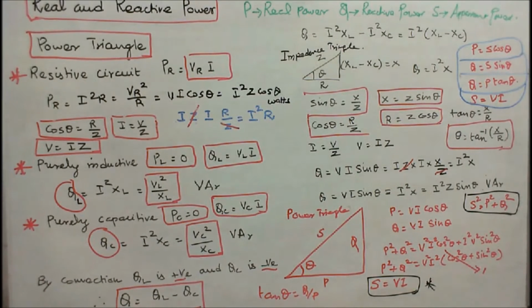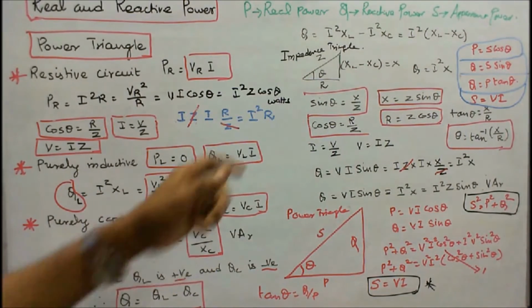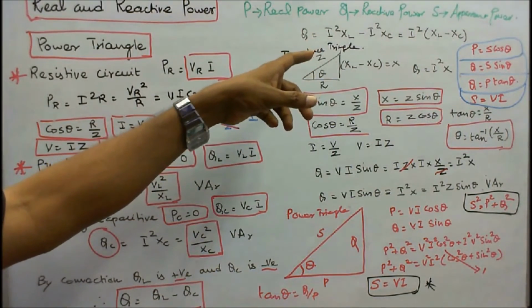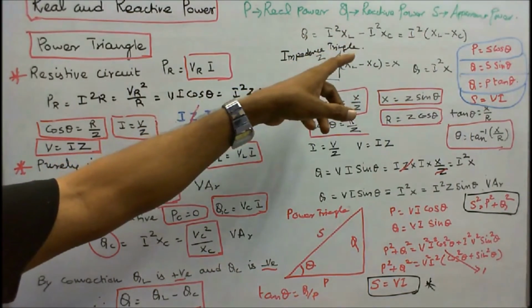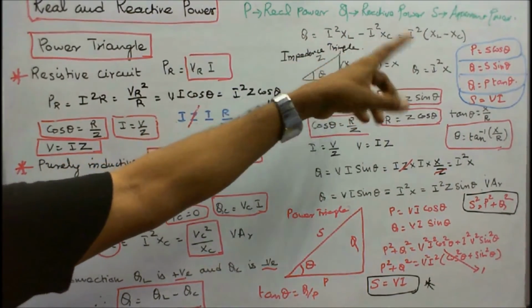By convention, the reactive power in an inductor is positive and reactive power in a capacitor is negative. Therefore, Q is equal to QL minus QC. Here Q is equal to I square into XL minus I square into XC, that is equal to I square into (XL minus XC).